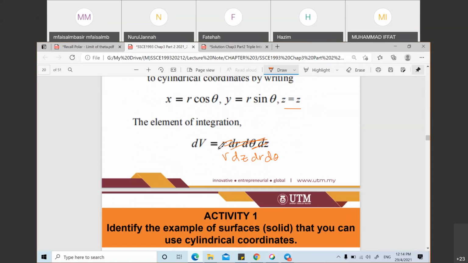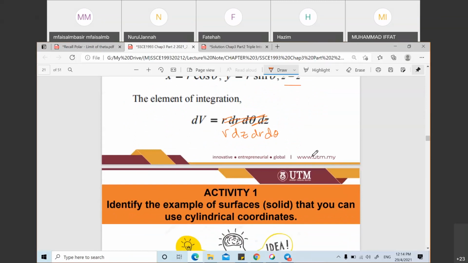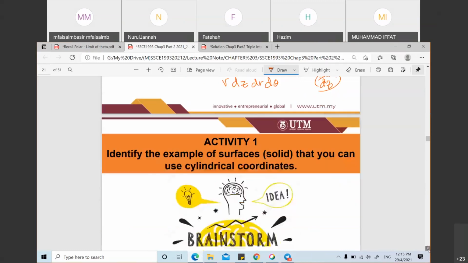Like before, for polar coordinate, your dA will be r dr d theta, so you just add dz. You can put this as your way to remember in the poster later. Maybe I will ask you to do poster again.